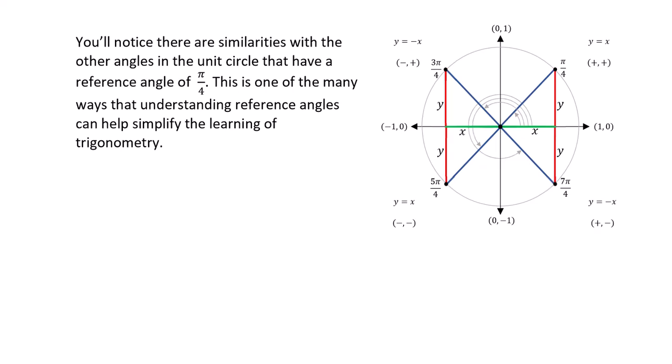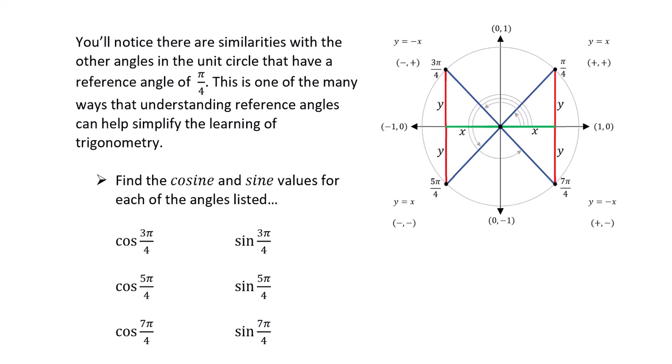Here I have the angles that have a reference angle of pi over 4 plotted. Let's go ahead and find the cosine and sine values for each of those angles. The cosine of 3 pi over 4. Well, I know this distance here is going to be the same as this distance here. It's just that we're on the other side of the y-axis.